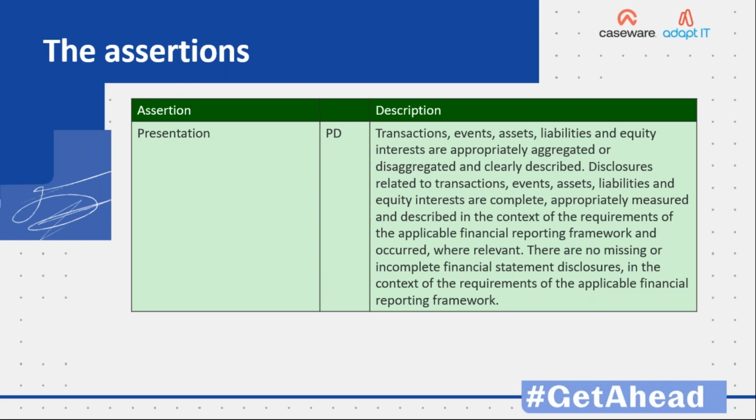There are no missing or incomplete financial statement disclosures in the context of the requirements of the applicable financial reporting framework. Guys, this is an overview of the description of the different assertions that have been included in your Audit International.